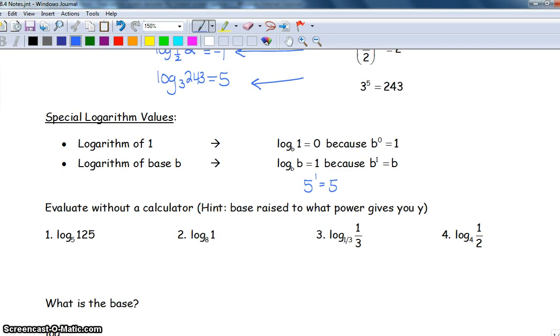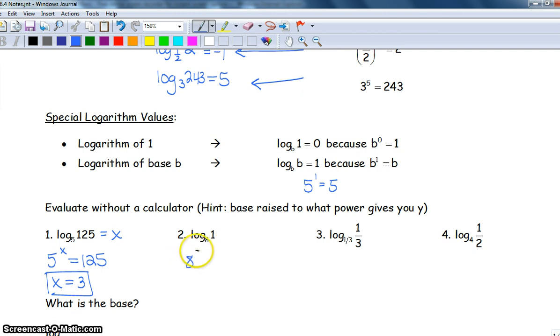Alright, so we want to evaluate these without a calculator. So what I'm going to do is transform them from logarithmic form to exponential form, because that's the easiest way to see your answer. So I'm trying to find out what this equals, which means I ask 5 to what power gives me 125. And then you can see it's more obvious that our x value here is 3.